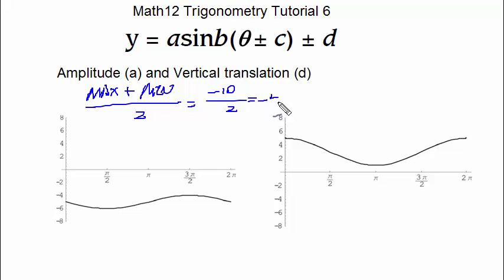So our D is -5. And then A is even simpler. The amplitude is always equal to the maximum minus D. Maximum is -4 minus D, which is -5, which equals 1. So this is our amplitude.